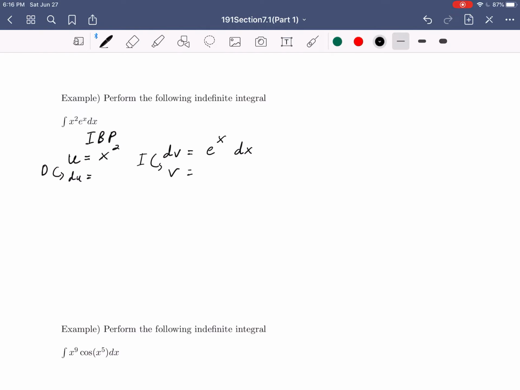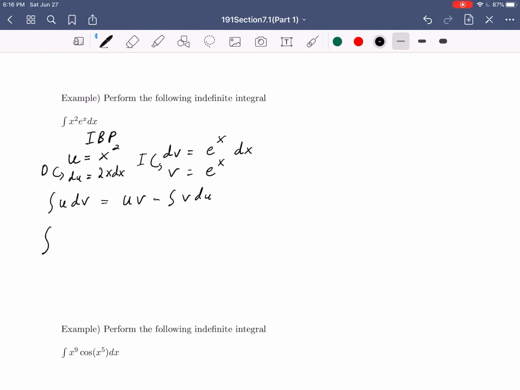Let's take a look. This will become du equals 2x dx, and the v under integration is going to be e to the x. So that tells us the integral of u dv is equal to uv minus the integral of v du.